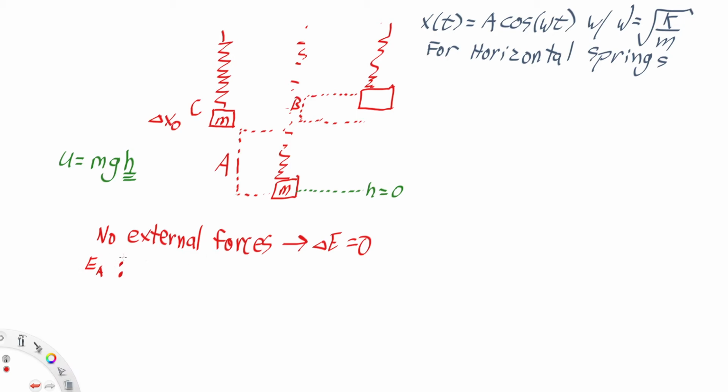It has only spring potential energy. And the amount of stretch is however much stretch we have at C plus the amplitude of this oscillation, the downward amplitude.